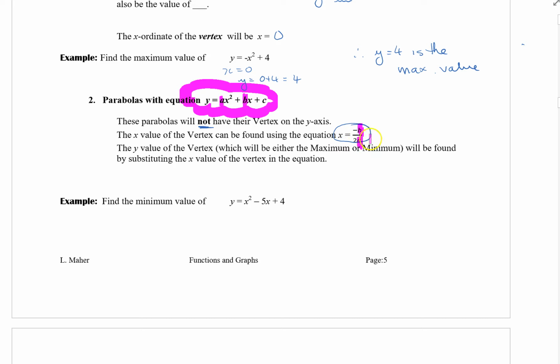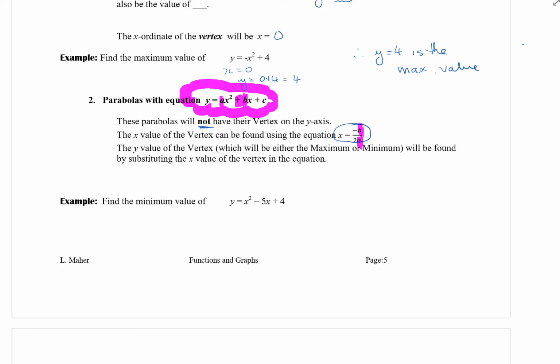So to find the x value of our vertex, we need to be able to read a from the equation and b from the equation. So a is the number in front of the x squared, b is the number, and the sign by the way, in front of the x.